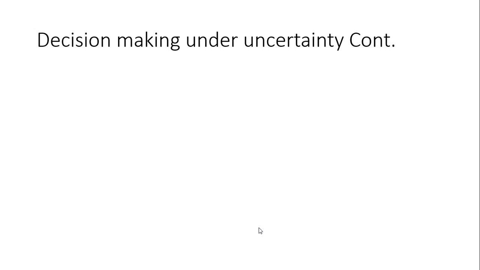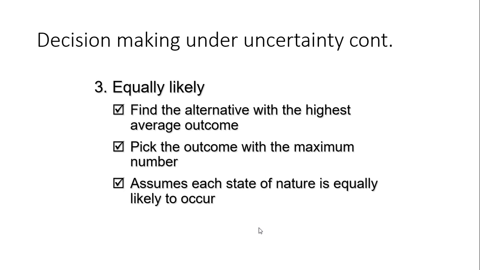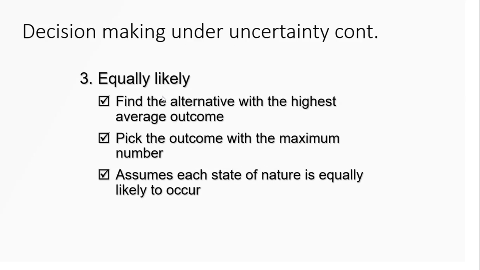Returning to the third measure, which is equally likely, also called the average or the mean. Equally likely means using the average for each alternative.